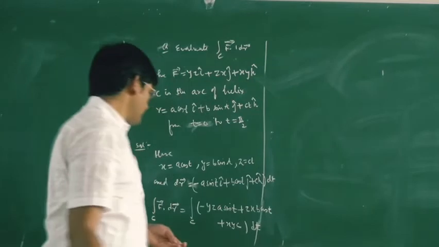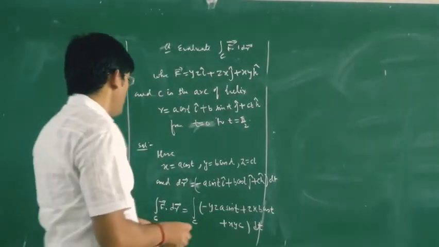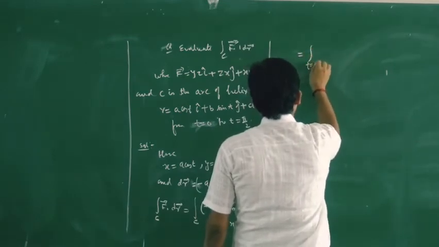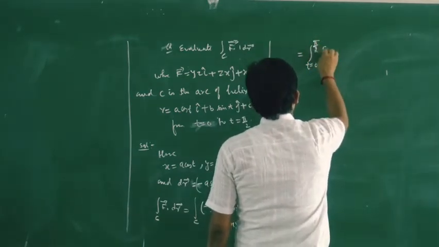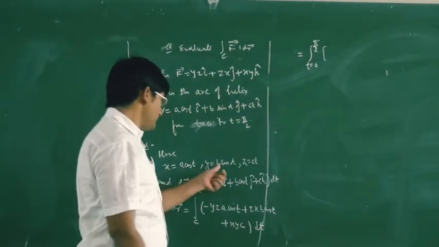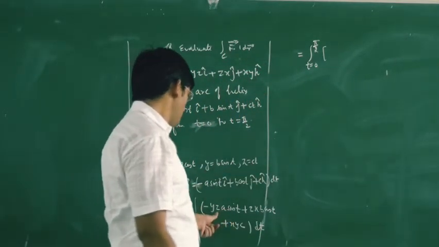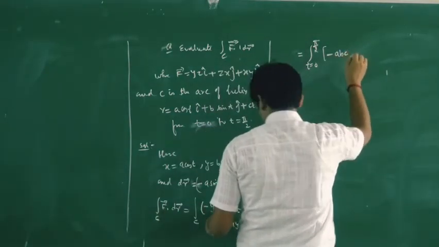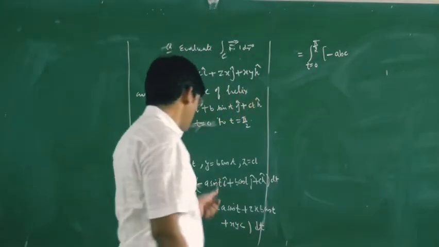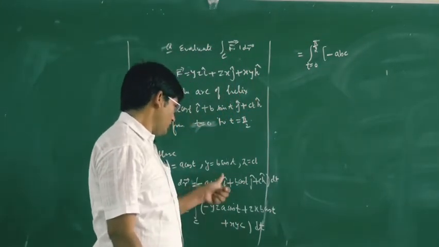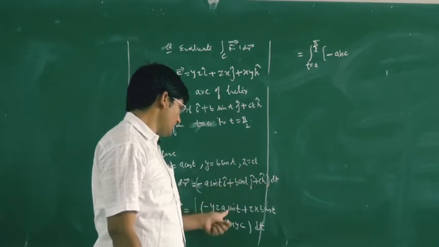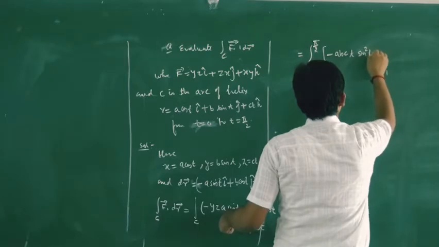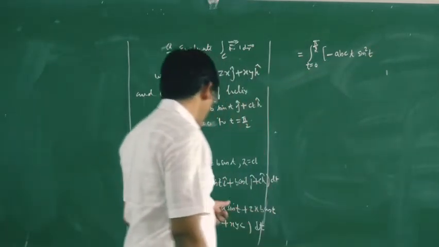So this is equal to, with t going from 0 to pi by 2, y into z, where y is b sin t and z is ct. So this will be minus abc, t into sin squared t. Then the next term will be z into x.